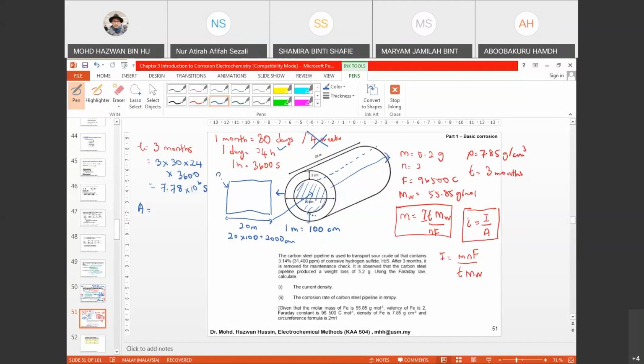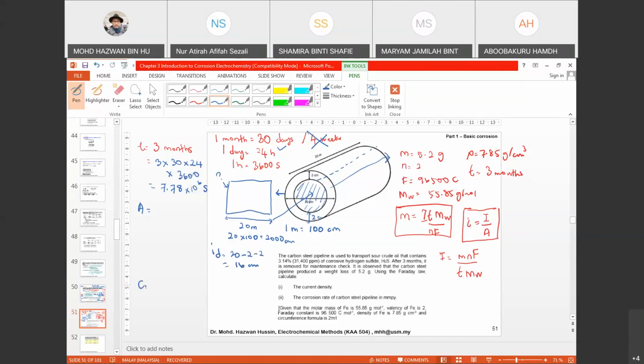Not 18. So internal diameter is equal to 20 minus 2 minus 2, you get 16 centimeters.